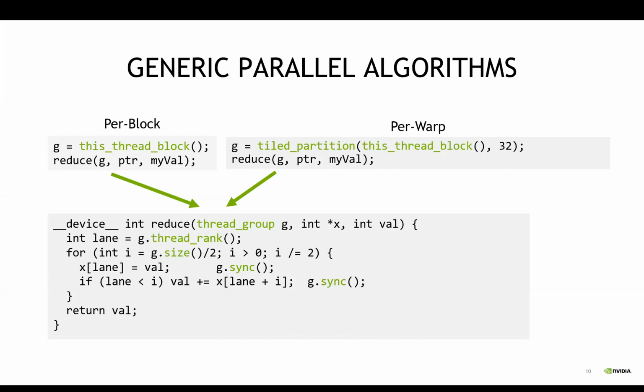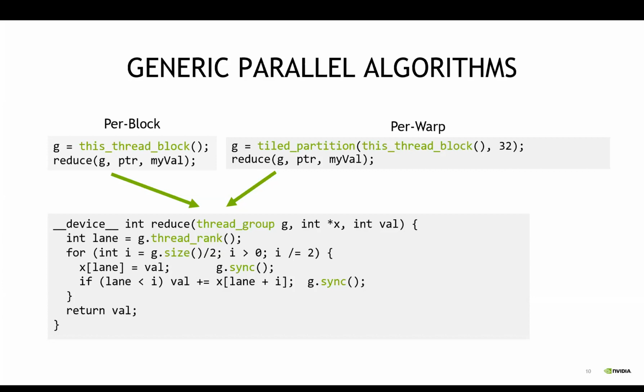It's starting out at half the thread block and then dividing the size of the activity by 2 each time. At each pass, it is loading a value into shared memory, and then it is using shared memory to perform inter-thread communication so that we can sweep the higher values into the lower values. And if we do this in a binary sequence, or a power of 2 sequence, then we end up with the reduced value in lane 0 in this case.